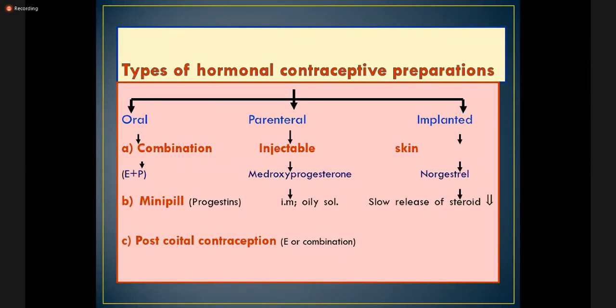The third type is post-coital contraception, estrogen alone or a combination of estrogen and progesterone. This preparation is also labeled as the emergency pill. This is what I was talking about, where we are required to give this emergency preparation within 72 hours of coitus, because sometimes the use of this preparation is legal.